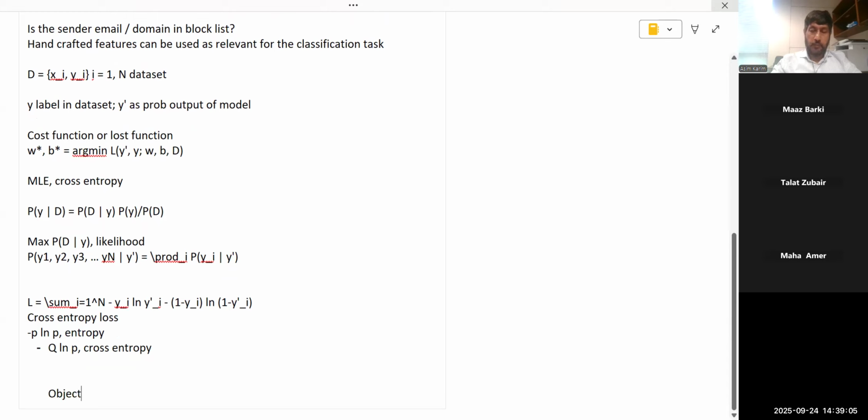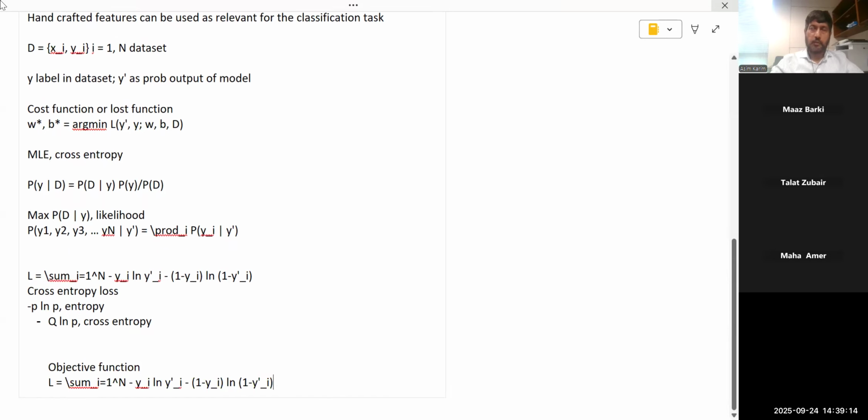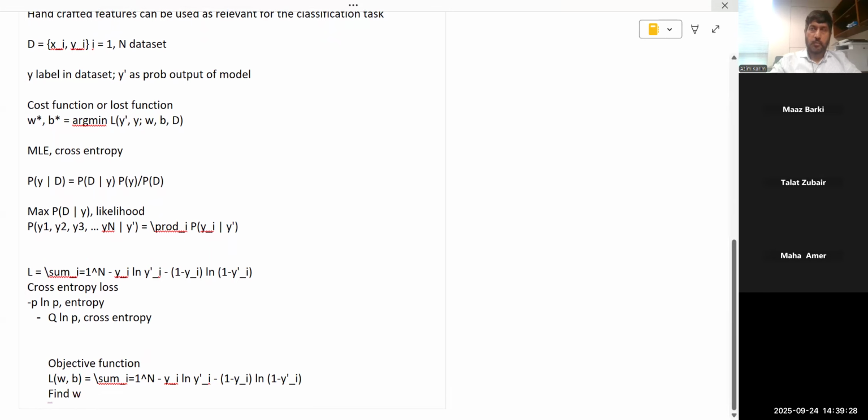So our objective function is basically this, which is a loss function. And this function is a function of W and B. So we minimize this objective function and find W star, B star by minimizing L. Okay?